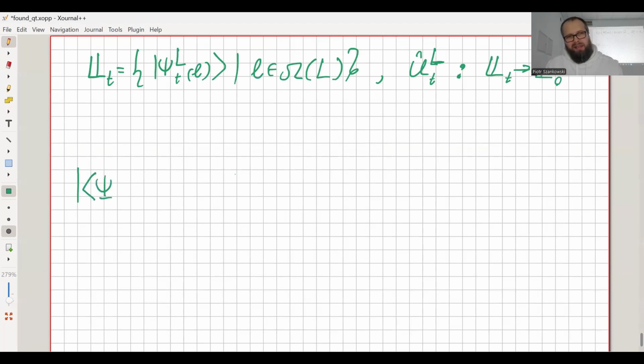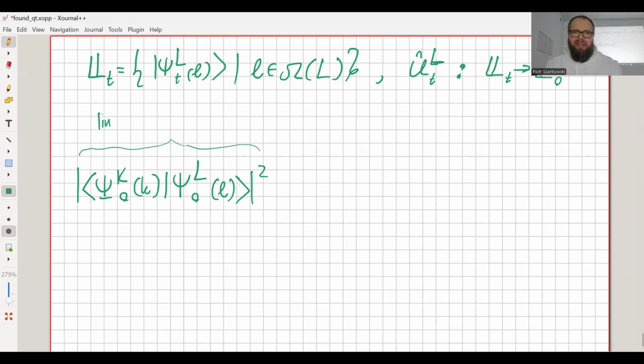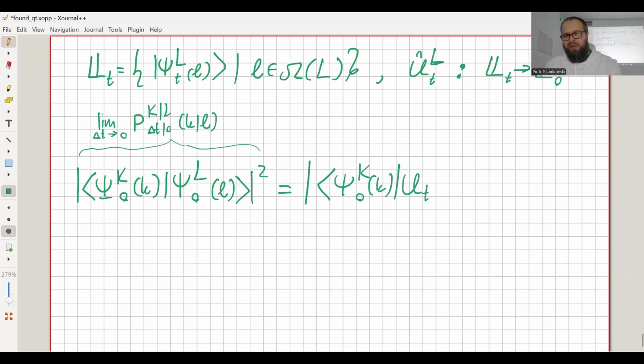So psi_k(0)|k, psi_l(0)|l. Okay, so this is essentially taking the limit delta t goes to 0 of p_kl(delta t), with 0, k, l, equals psi_k(0)|k U_k(t) U_k(t) U_l(t) dagger psi_l(0)|l.